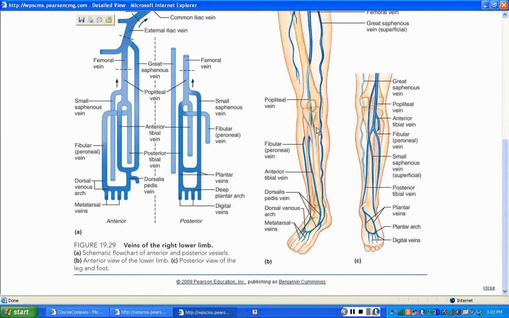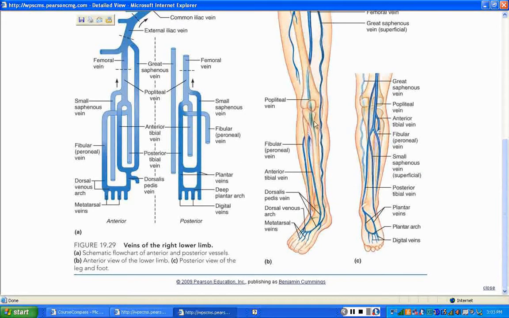Now, watch where my pointer is up here. See, here's the popliteal. Here's the split right there. Now, we remember that one comes right down the back, right? That would be called the posterior. But they're not showing it to us because they're letting it stay behind the bone, so we don't see it.